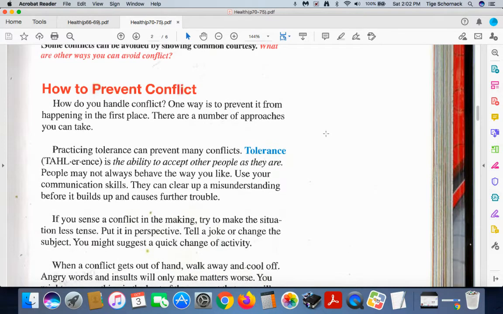Now, again, obviously, when it says the ability to accept other people as they are, we should always tolerate people for who they are, depending on whether they are breaking laws. Obviously, the government, the United States, doesn't tolerate people for who they are.